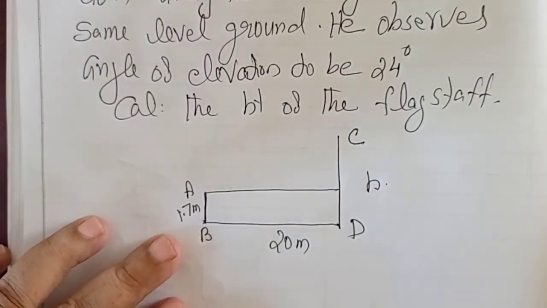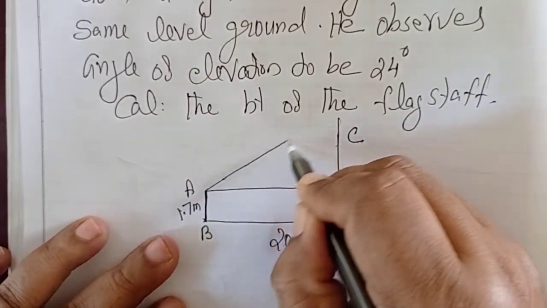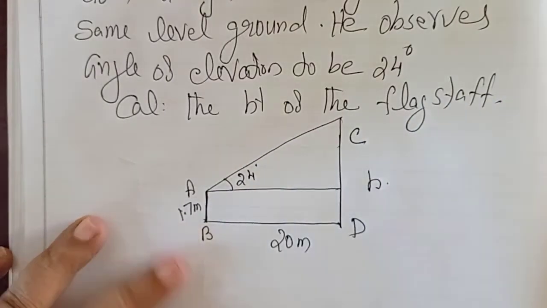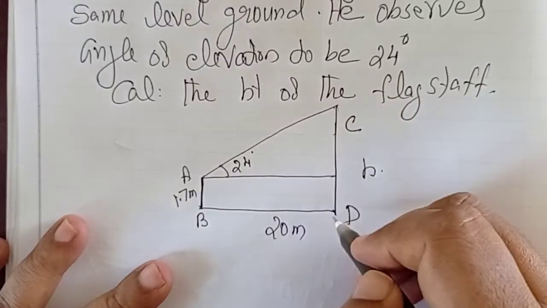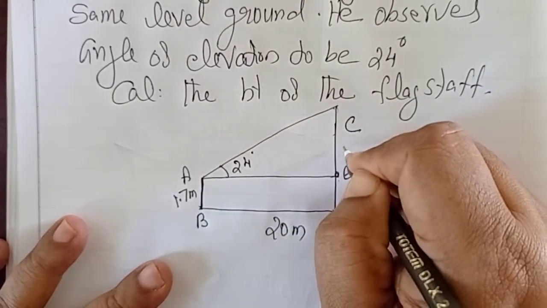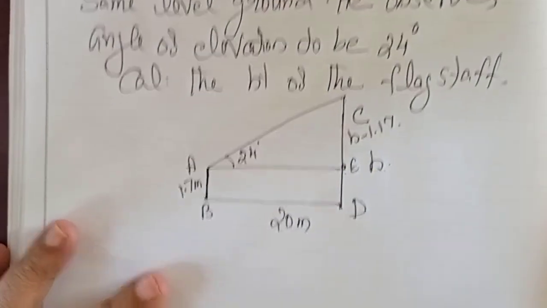Then here the angle of elevation is 24 degree. That is why I explained this problem. 24 degree is not a standard angle. If the total length is h, can you say this much CE? Yes, h minus 1.7.